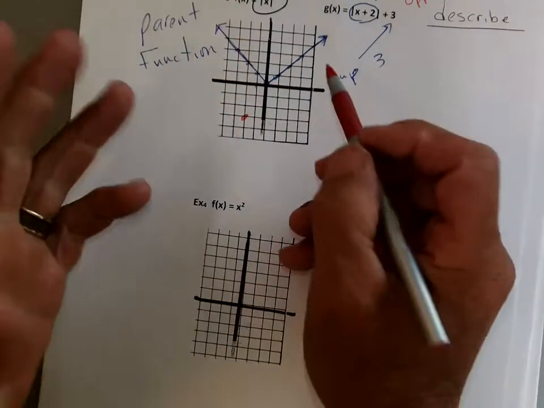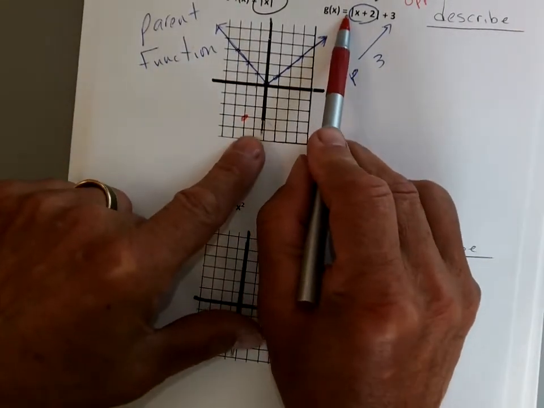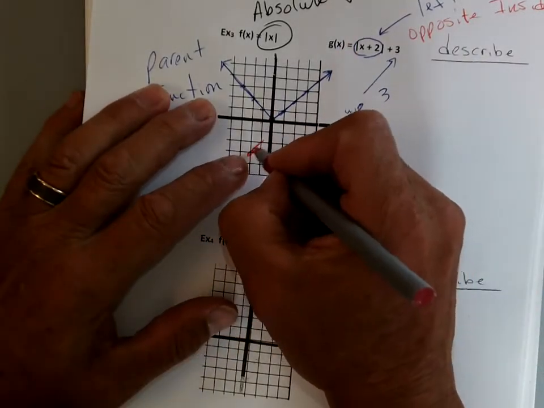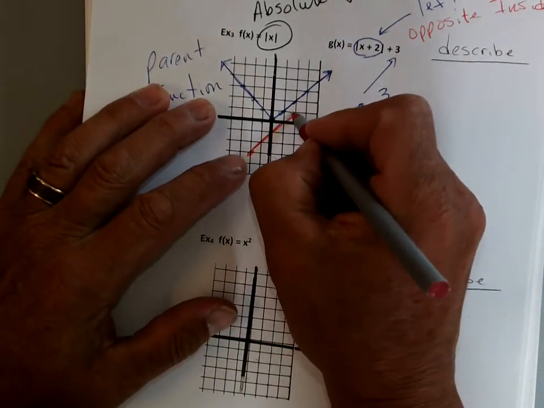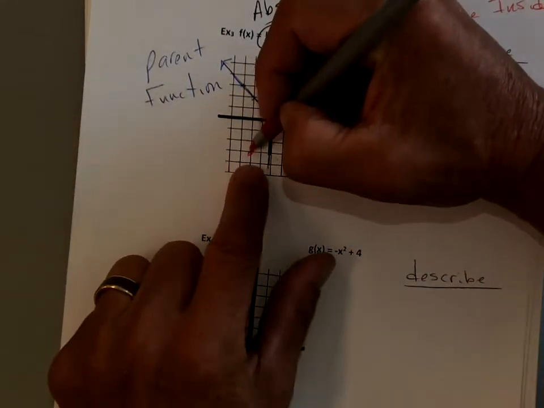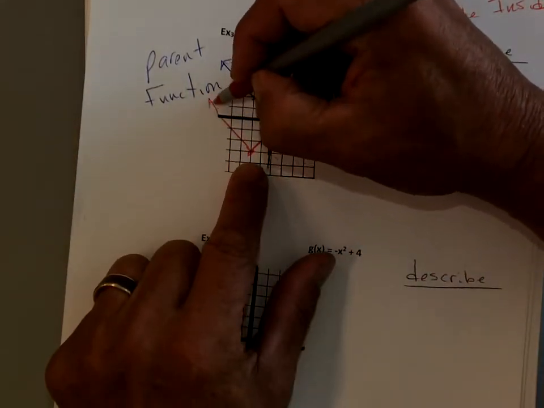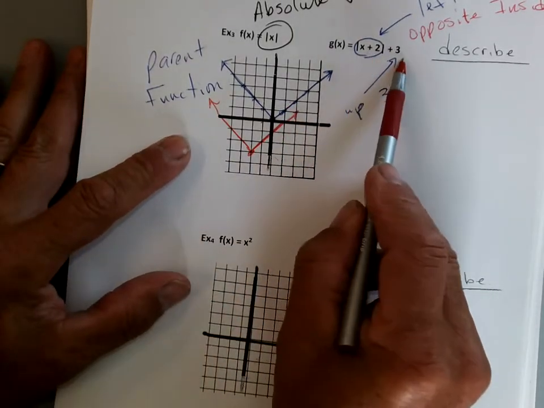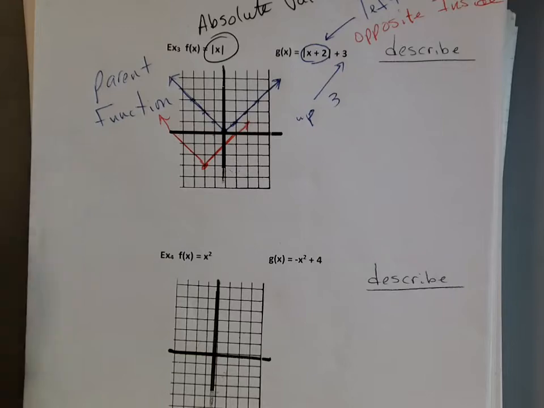It's the exact same shape. I'm not going to do a stretch because there's no number in front, so I'm just going to draw the same graph. Here's my translated function. I took my parent function and moved it back 2, up 3. So for the description, what did we do? Just what I said.